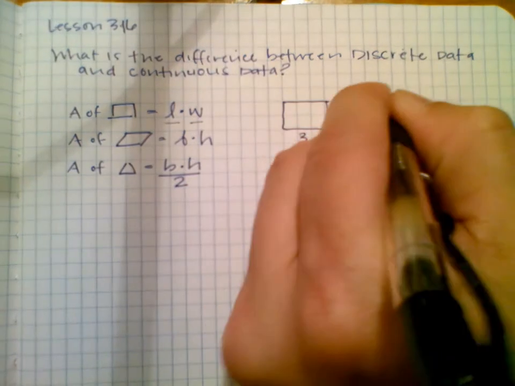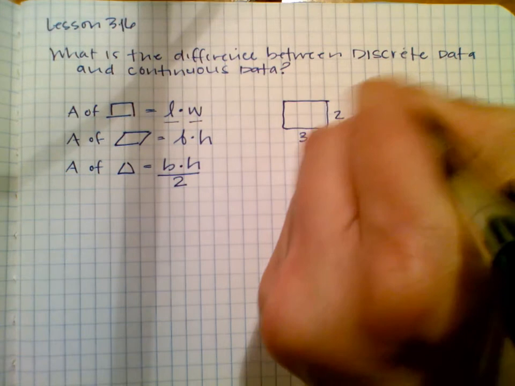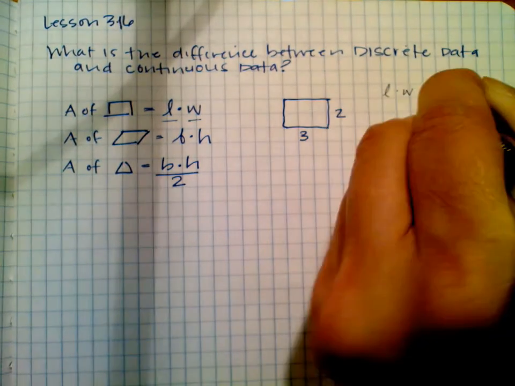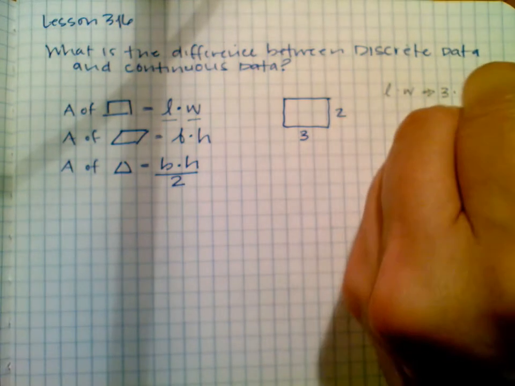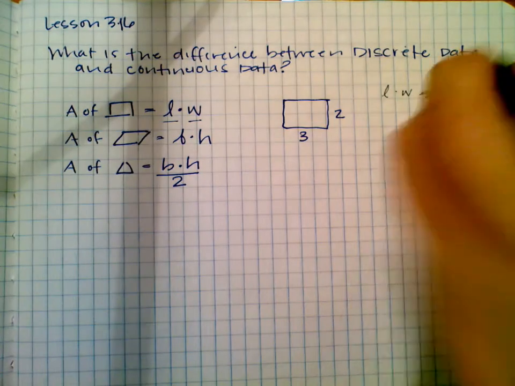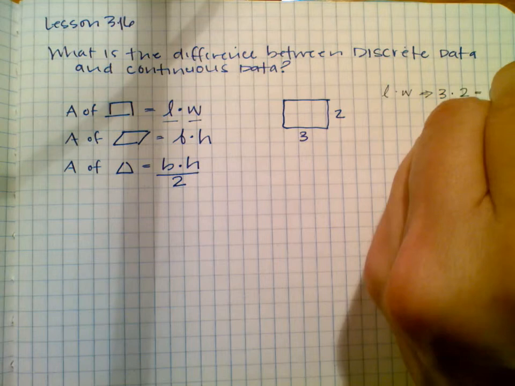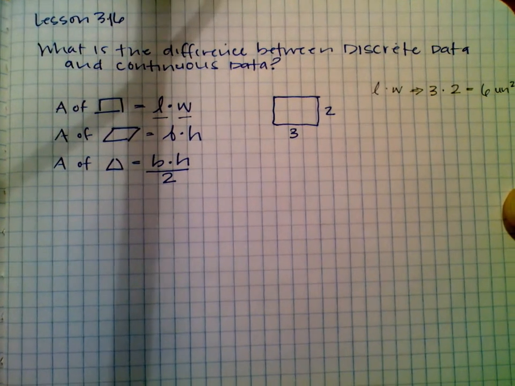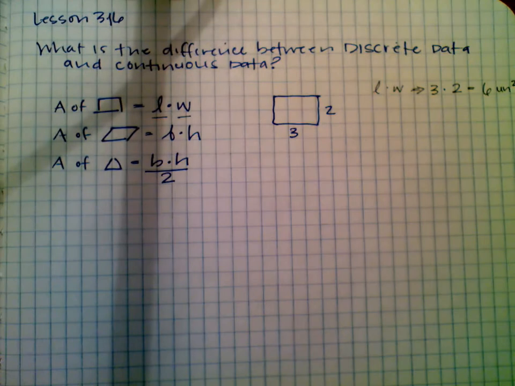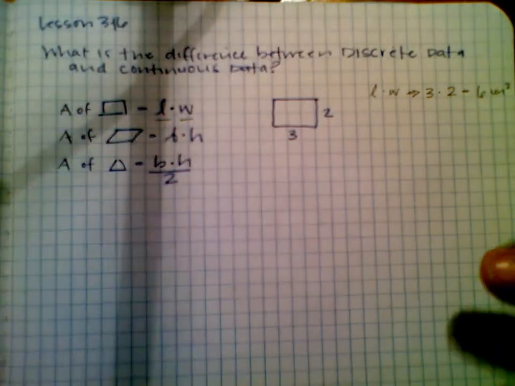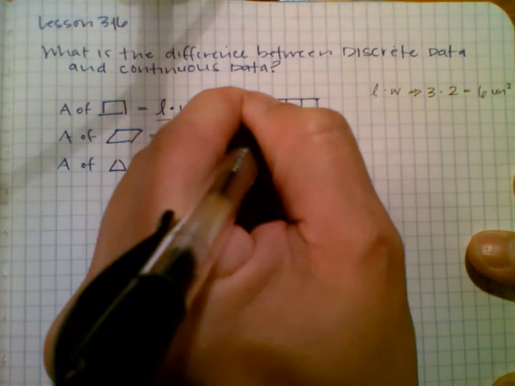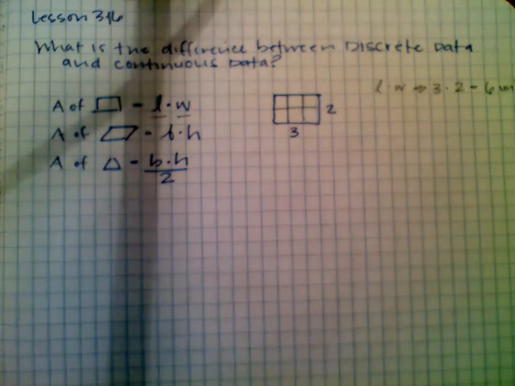L times W, my length in this case is 3. My width in this case is 2. And when multiplied together, I'm going to get 6 units squared. Okay, remember, area is a squared measurement. It's not linear, it's squared, because we're talking about how many different squares we can make within that shape.